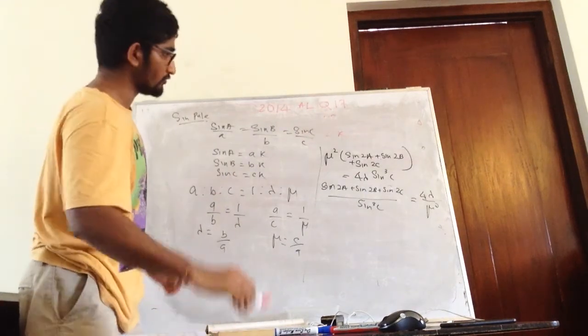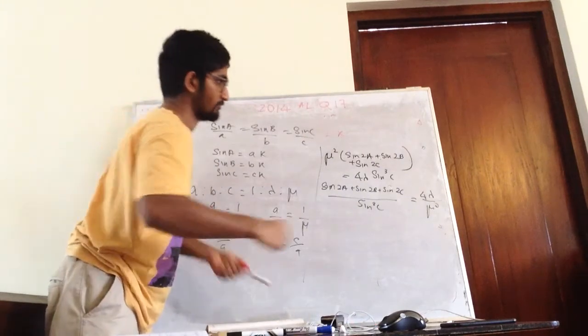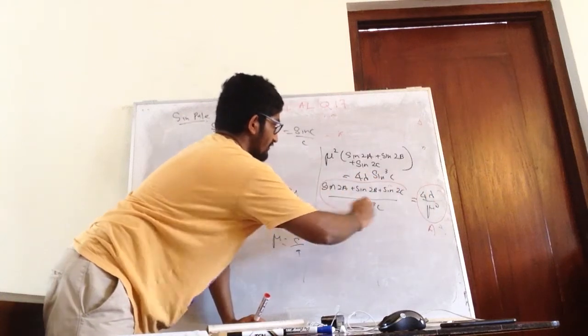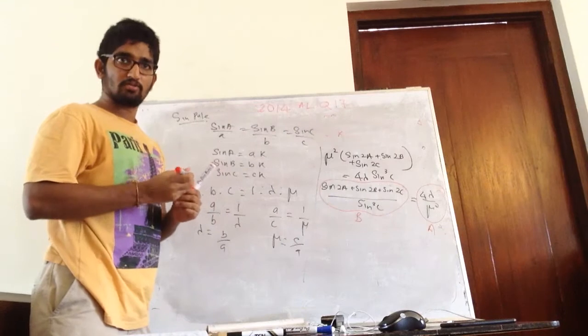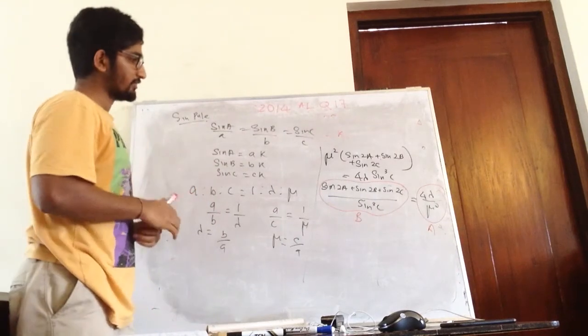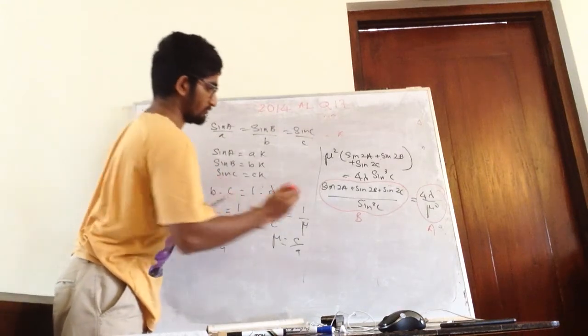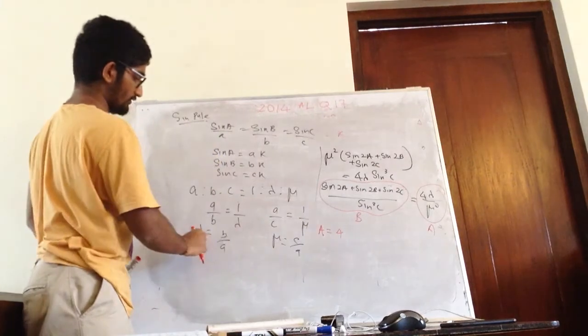So now I'm going to name this part A, and this part B. I need to basically show A and B are equal, right? So that's going to be my plan. So what is A now? 4 lambda is what?